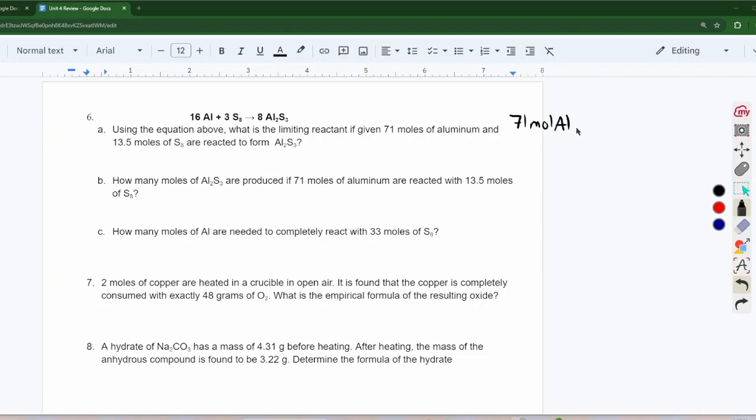So if I follow the pattern from before of multiplying by a fraction, I need 16 moles of aluminum for every one reaction that I run. So how many reactions can I run with 71 moles of aluminum? Let's calculate that out.